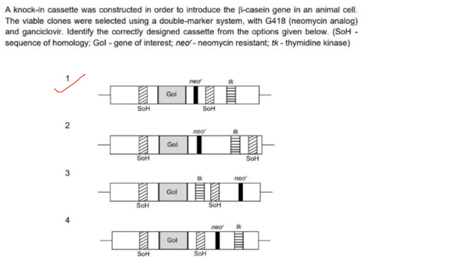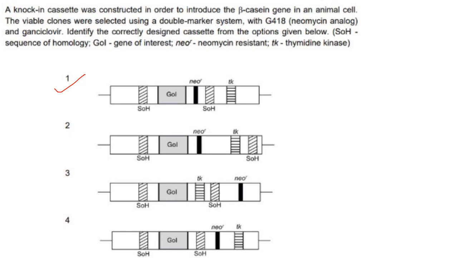Then next one. A knock-in cassette was constructed in order to introduce the beta-casein gene in an animal cell. So you want to introduce beta casein gene into an animal cell, so you do the knock-in method.